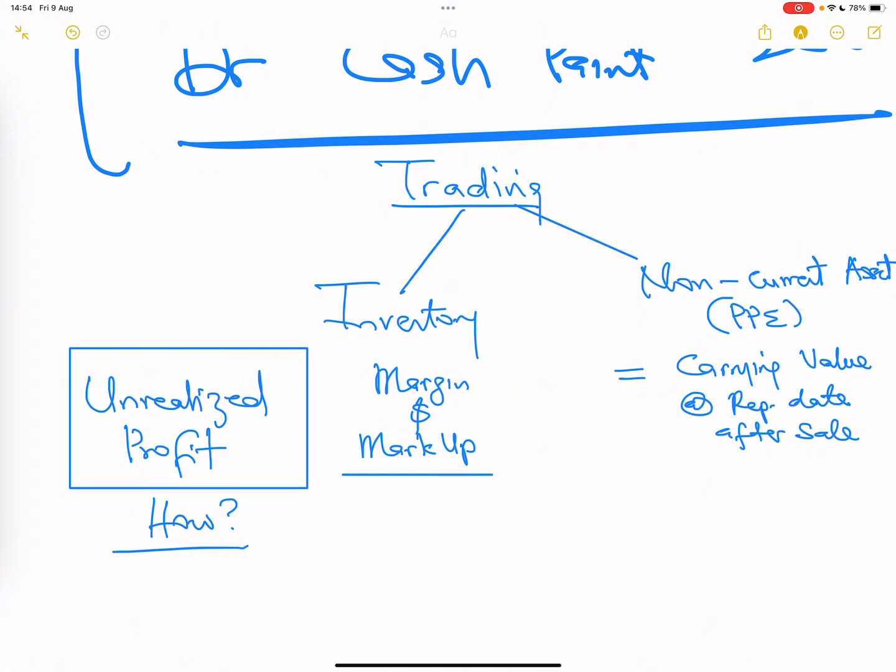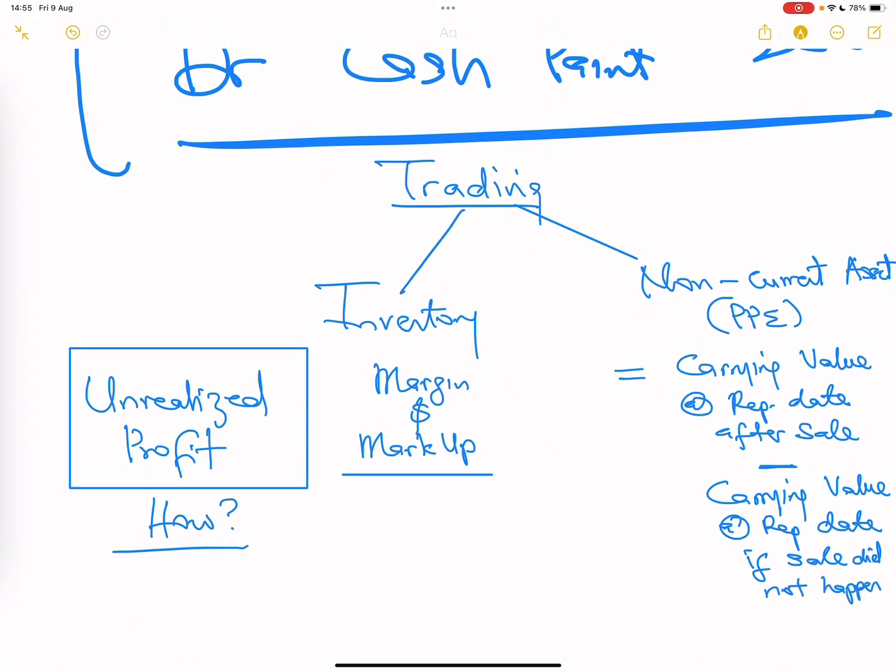Remember, either the parent is selling to the subsidiary or the subsidiary is selling to the parent. When you calculate this carrying value, then you deduct the other carrying value. So you need to calculate two carrying values. The second carrying value is also at the reporting date, however, on the condition that the sale did not happen.